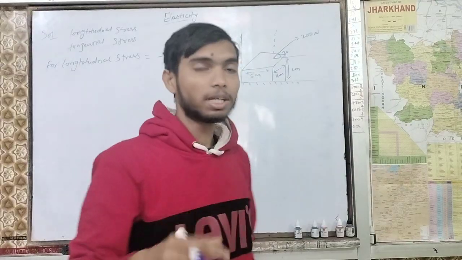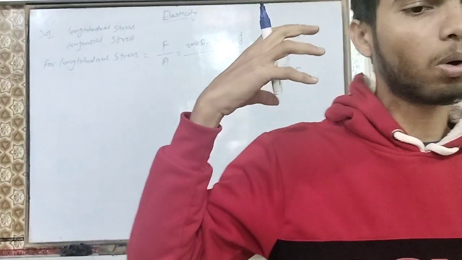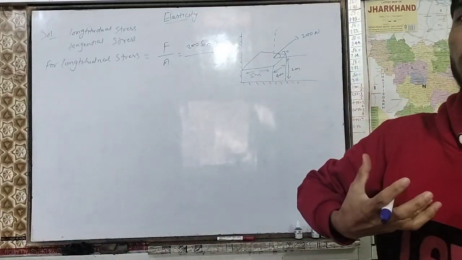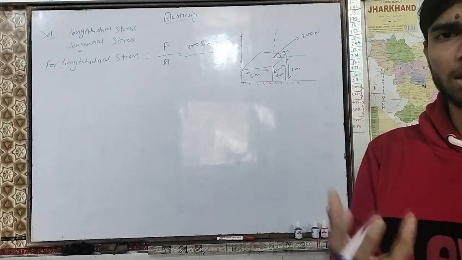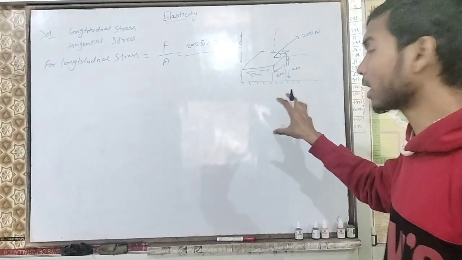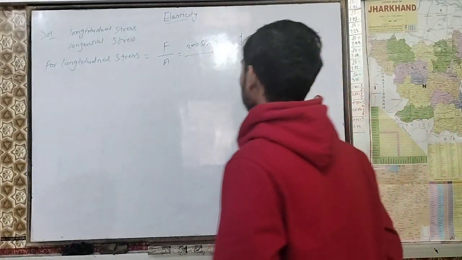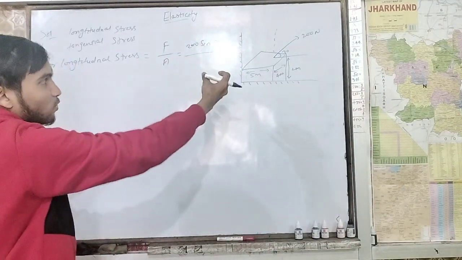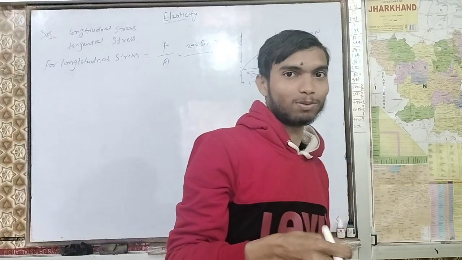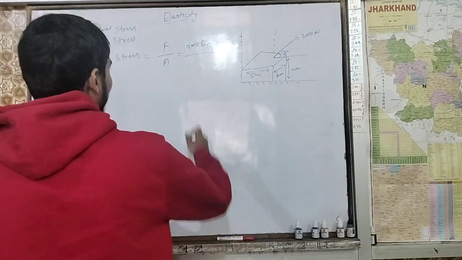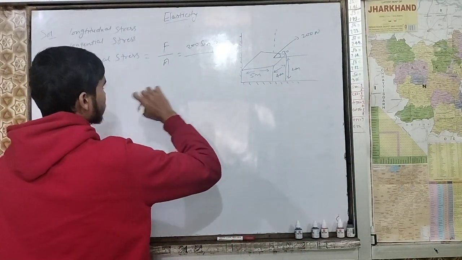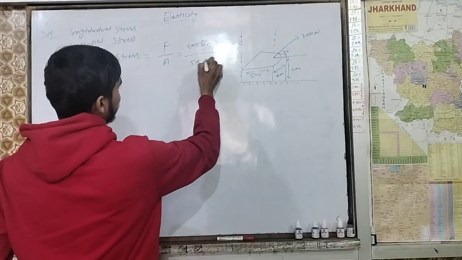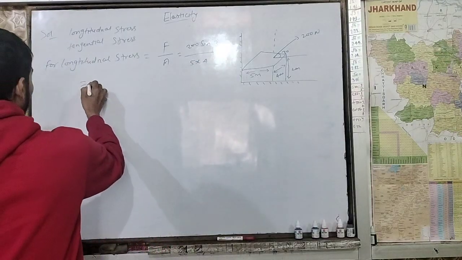In the previous question we were taking pi r square, a circle, but in this question we don't have a circle. We have four line segments which are closed. So the area of this surface would be 5 multiplied by 4.